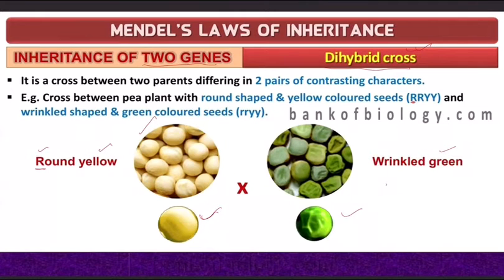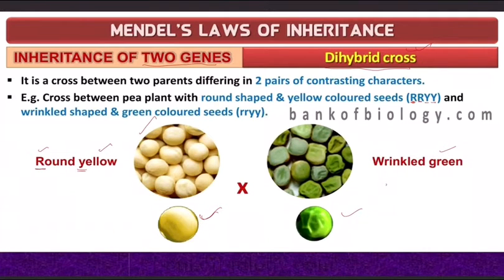So when we give the genotype, as I said in my previous session, for round the spelling starts with R-O-U-N-D. So the first letter of that is R. Since it is dominant, we pick up the capital letter. Since it is homozygously dominant, we say capital R, capital R. Two alleles are responsible for that particular character. Similarly, color yellow.